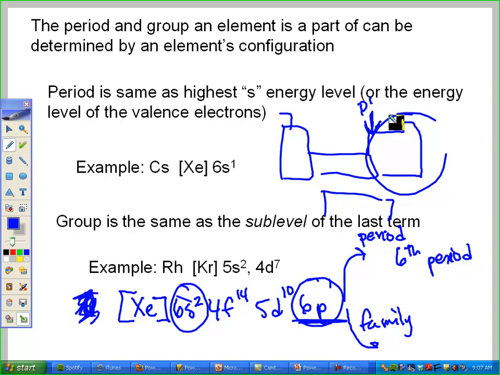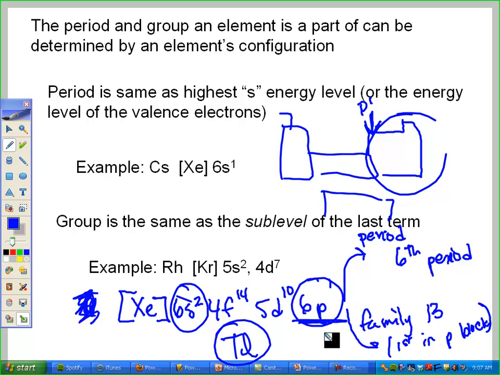So that is actually family 13. So first in P block, because the P block is 13 through 18. So that's family 13, 6th period, which gives me thallium, number 81. So that's my element.